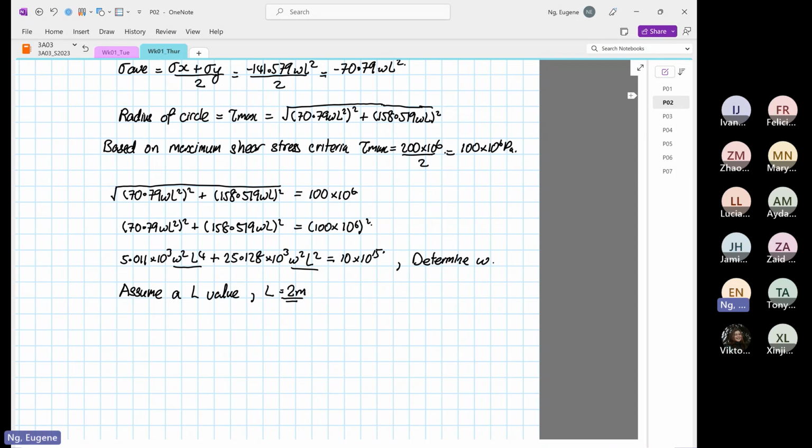Omega squared. Once we declare L is equal to 2 meters, so 2 power 4 times 5.011 power 3 is equal to 80.176 times 10 to the power 3 omega squared, plus 2 squared times 1 point 100.512.